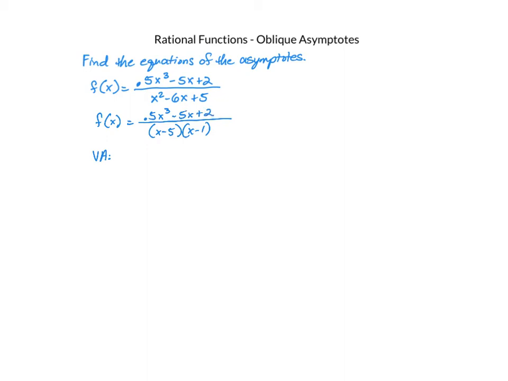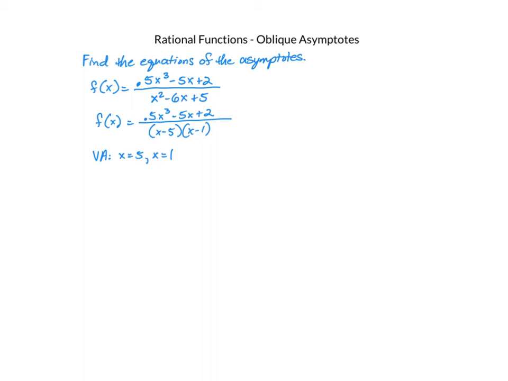I do want to remind you that those will have vertical asymptotes at x equals 5 and at x equals 1, assuming that neither x minus 5 nor x minus 1 are also factors of the numerator.